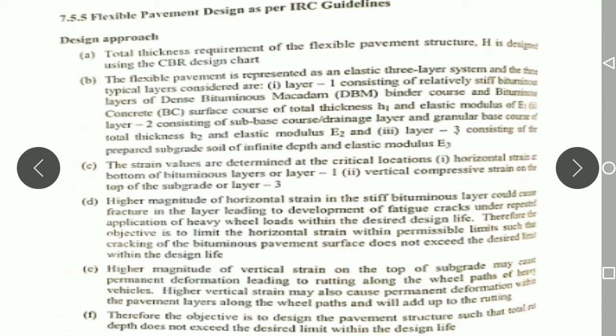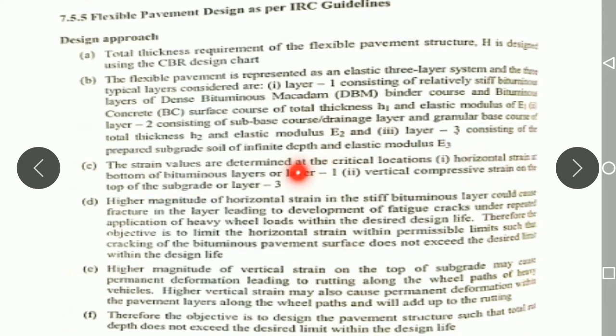After having the thickness of all these layers along with the different moduli of elasticity, you are going to evaluate the strain at the critical locations. You will come across two types of strains. The horizontal strain you may observe at the bottom of the bituminous layer, and the vertical strain is at the top of the subgrade layer.